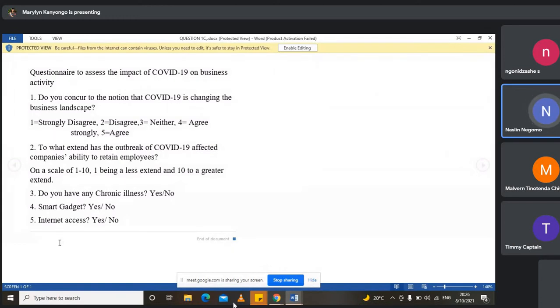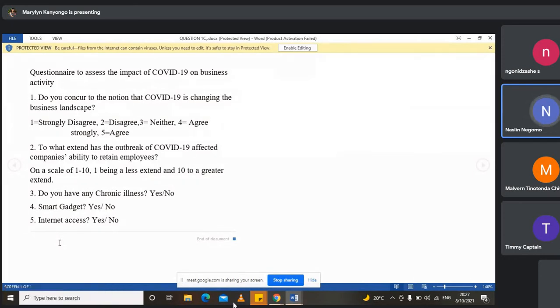Per question, workers not yet retrenched, so we wanted their opinion so that we know how to tackle the effects of COVID-19 per organization. So Marilyn has spoken about number 1 and 2, I'll just conclude with 3, 4 and 5. The third one in the structured questionnaire was, do you have any chronic illness?